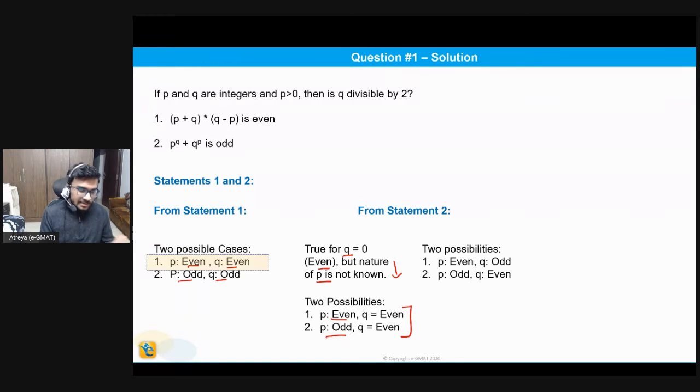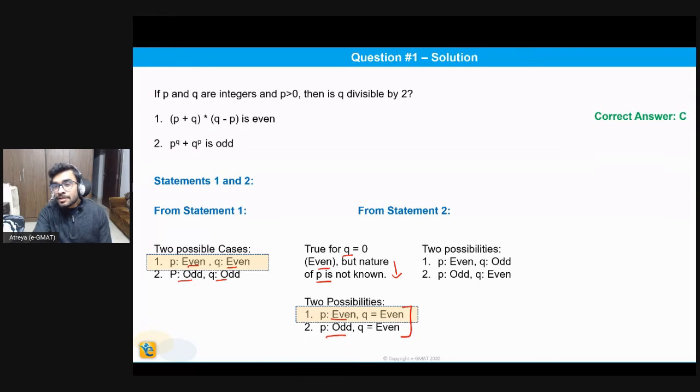And I see yes, there is. If you look at the first possibility from statement 1 and the first case in statement 2, both of them are the same. So when I combine the information from both these statements, yes, I can reach the final answer, which leads me to the correct answer being C.